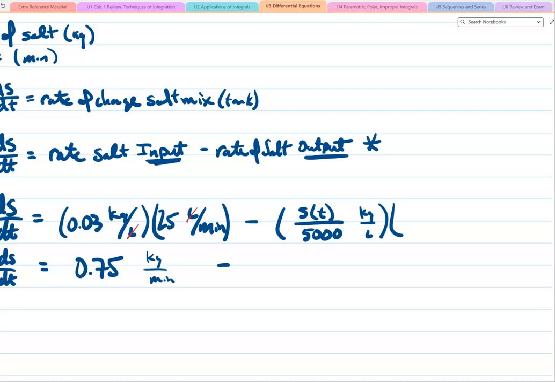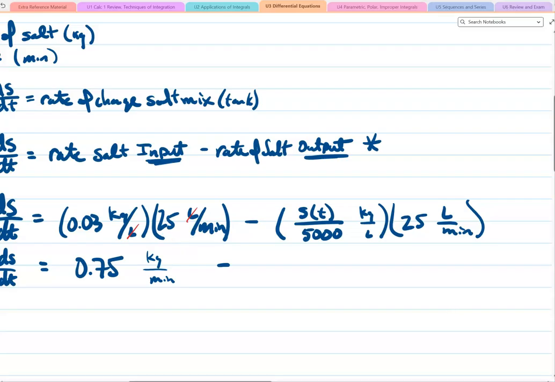That could be multiplied by the same 25 liters per minute that's exiting the tank, because as 25 liters per minute is being flowed into the tank, 25 liters per minute is being pushed out of the tank. So those two numbers are the same.